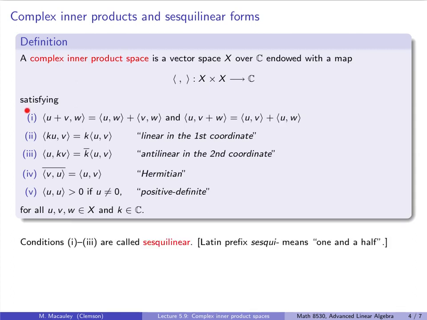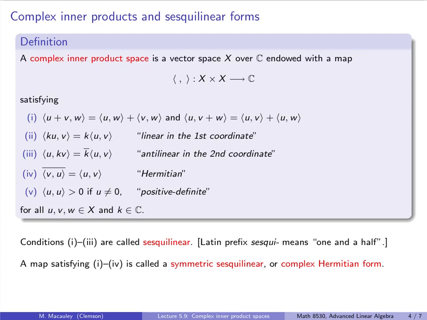The first three conditions here are sometimes called sesquilinear, and in Latin that prefix sesqui means 1.5. So I think it's a cute name. It's linear in the first coordinate, and then it's sort of anti or sometimes called semi-linear in the second coordinate. So yeah, 1.5. A map of this form, satisfying these first four conditions, is called a symmetric sesquilinear form.